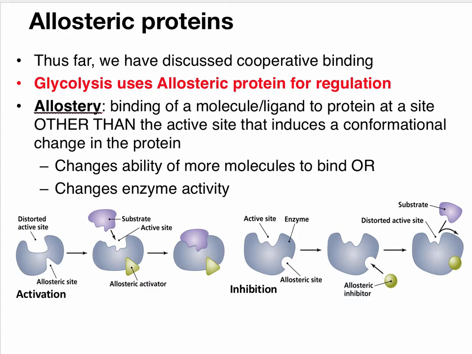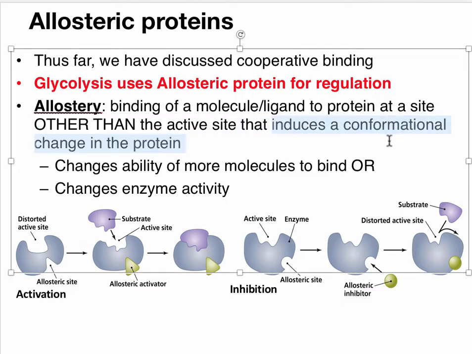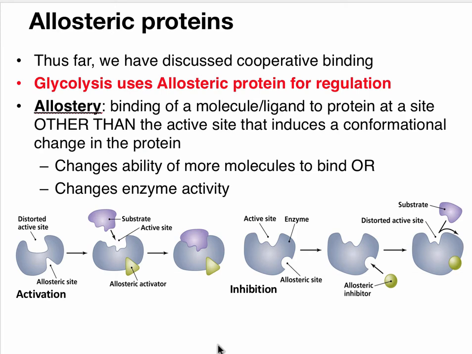So what are allosteric proteins? Essentially, allosteric proteins are proteins with more than one binding site. The binding of a ligand to your protein at a site other than your active site, or ligand protein binding site, also induces a conformational change in that protein. Those are the two properties that allosteric proteins have.